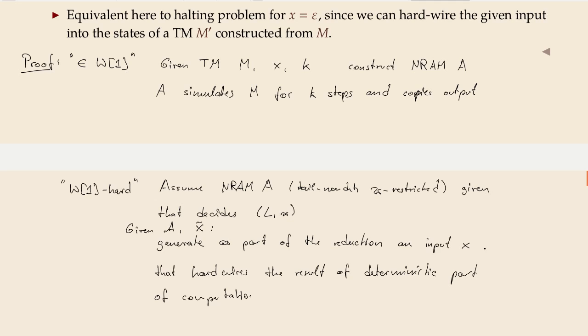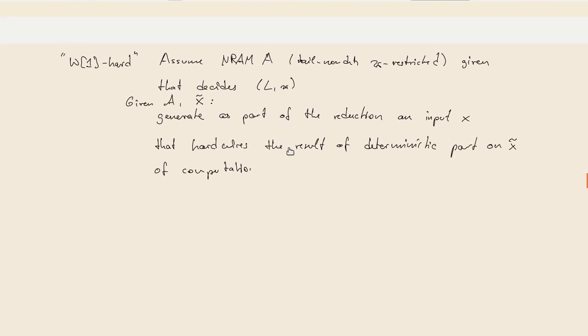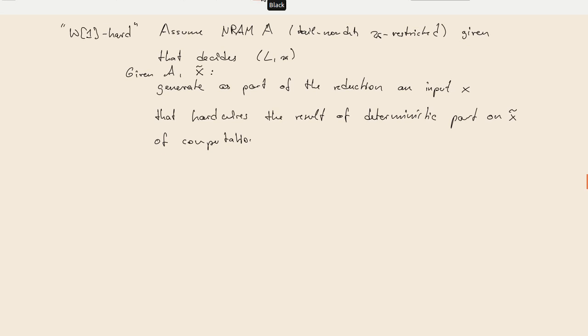So we generate X on X tilde. We have this computation. And we can, as part of the reduction, pre-compute what A would have done on this X tilde. And for example, what's the state of a RAM? It's the content of all the registers and the program counter.